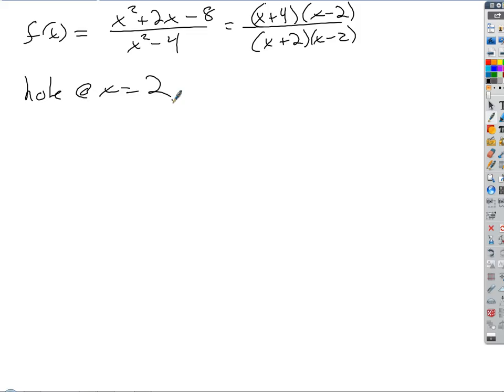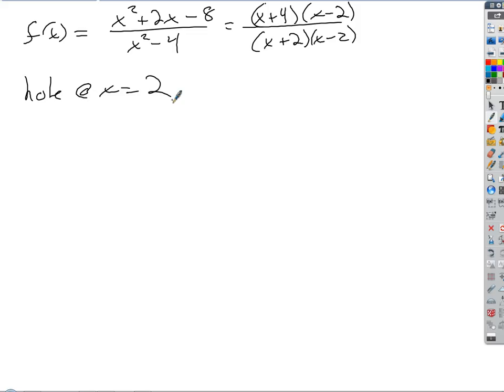Rule of thumb: a value of x that produces zeros on top and bottom is a hole. A value of x that produces a zero on the bottom but not the top is a vertical asymptote. A value of x that produces a zero on top but not the bottom is a zero, because 0 divided by a number is 0.